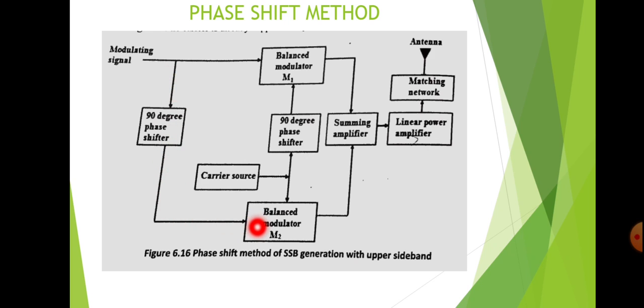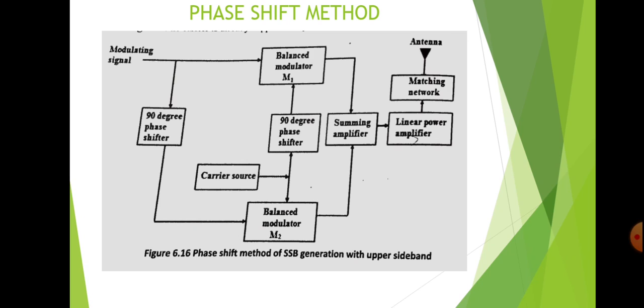But balanced modulator M2 receives a 90-degree phase shifted version of this modulating signal. See, in the previous method there is no phase shift for the modulating signal or carrier signal, but for avoiding the unwanted sideband we are using filters, but it's a costlier method. So in order to avoid the use of those filters, we are using this phase shift method. For suppressing the unwanted sideband, we are phase shifting the modulating signal as well as the carrier signal.